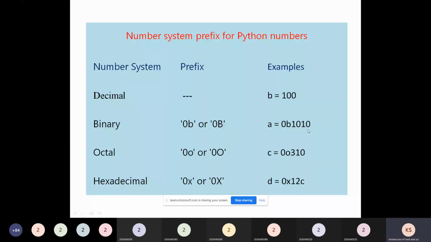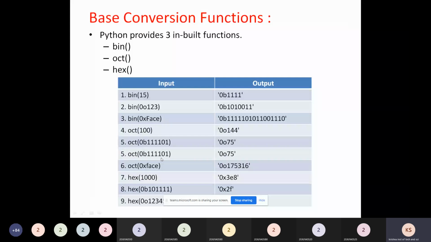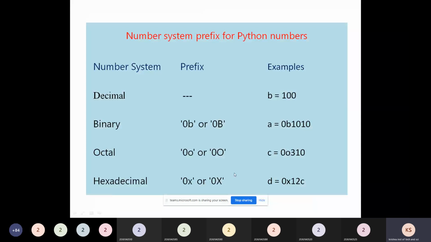10. So next one, octal. Octal has the prefix 0, so this is 0 and small o, or 0 and capital O. How can you assign the value? This is an octal number. An octal number has digits 0 to 7 only, and binary has only two values, 0 and 1.